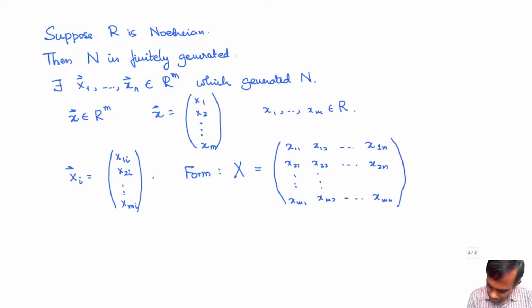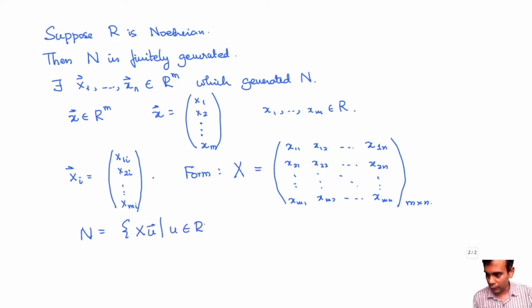So this is an m by n matrix with m rows and n columns. And what we are seeing is that N is of the form Xu, where u belongs to R^n, which is nothing but the column space of the matrix X.